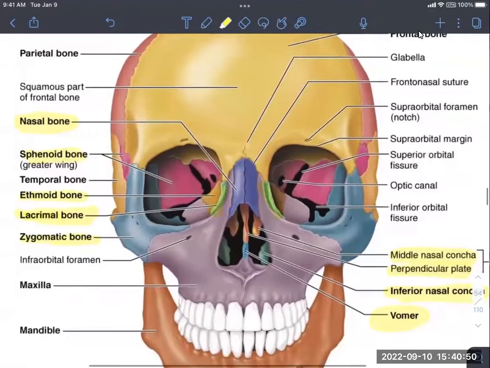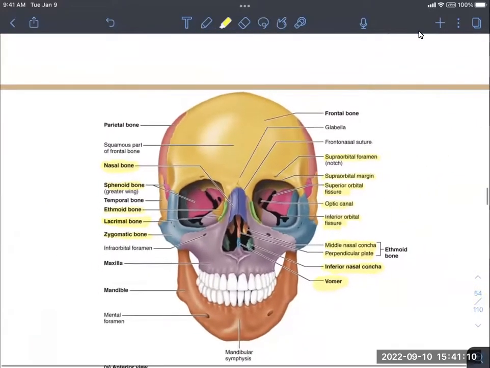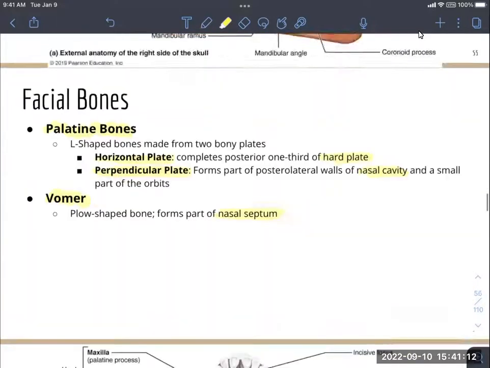If you look, we have our inferior orbital fissure. We have our optic canal we've talked about, our superior orbital fissure. That supraorbital margin we've looked at.